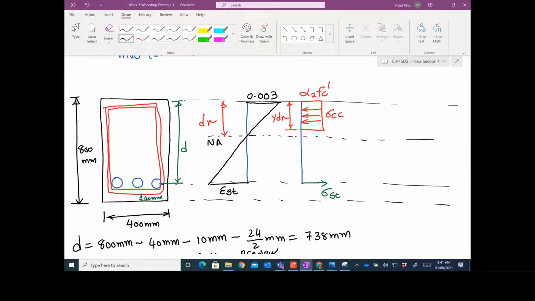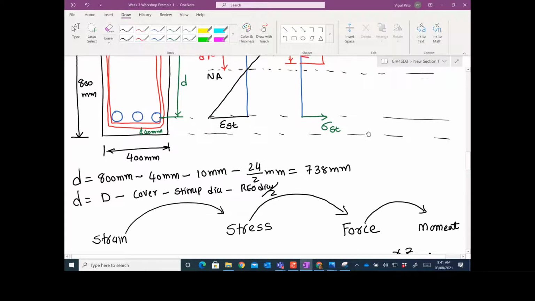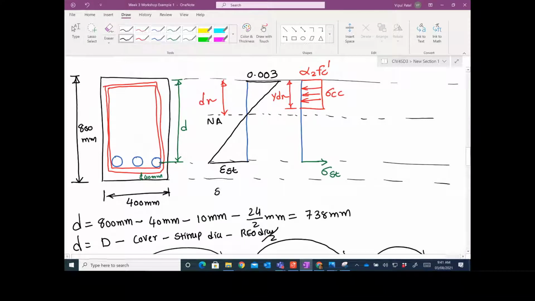Now, after the stress, what was next? Strain, stress, and the next one was force. So let me draw up the force here. In that case, you would have this force going in the center.